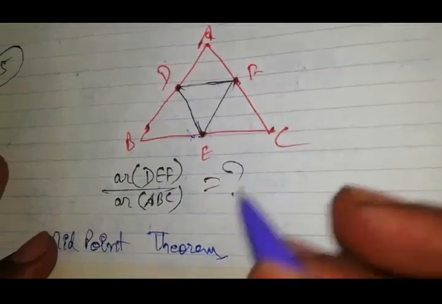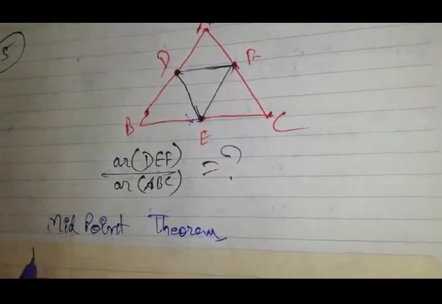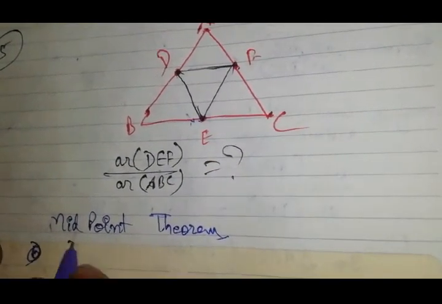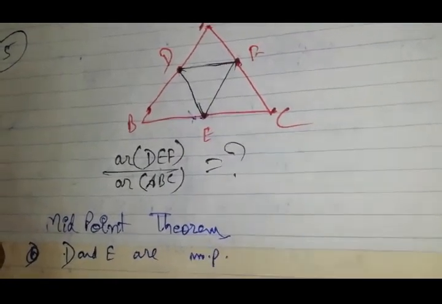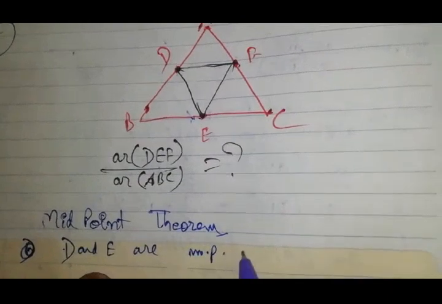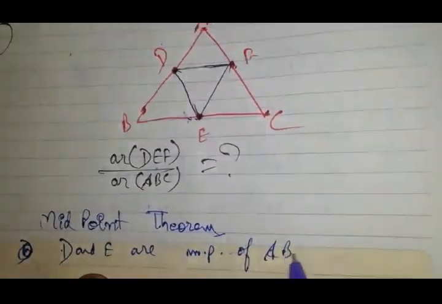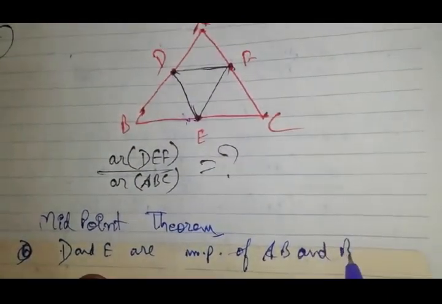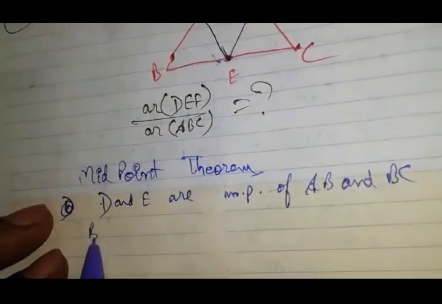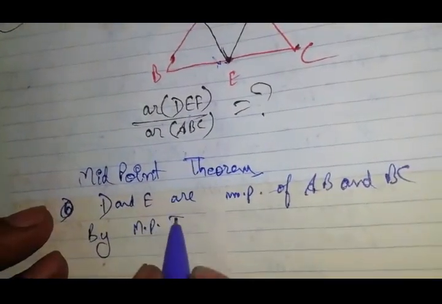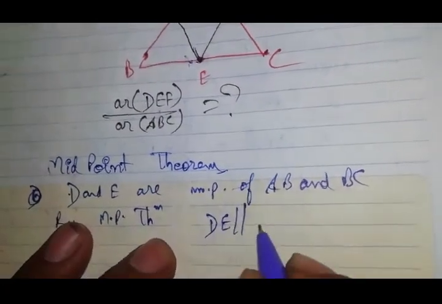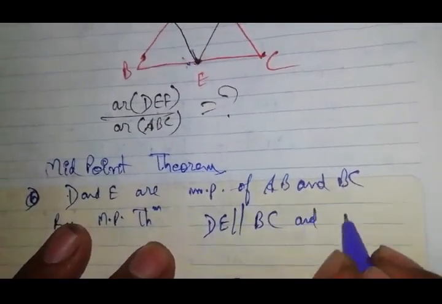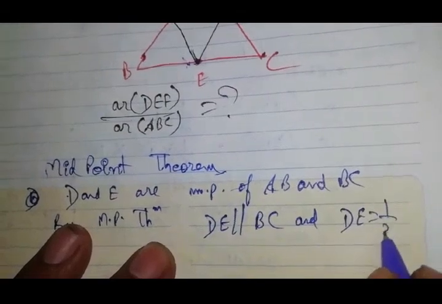It means that from here, look, D and E are midpoints of AB and BC. So by the midpoint theorem, what conclusion do we have? That DE is parallel to BC and also DE is half of BC.